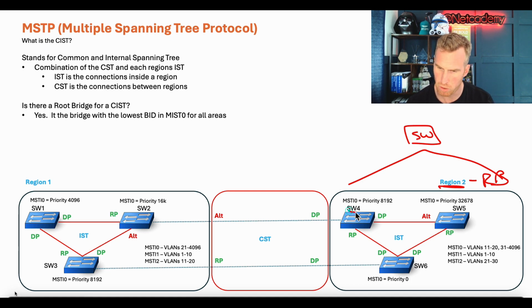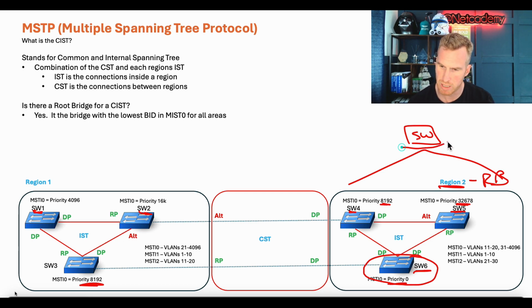Well, switch 4 has this priority of 8,192, switch 5 has this priority of 32,000, and switch 6 has this priority of 0. That is higher than the priority of switch 3 in region 1, of switch 2 in region 1, and switch 1 in region 1. And therefore, that is why switch 6 has become that root bridge.